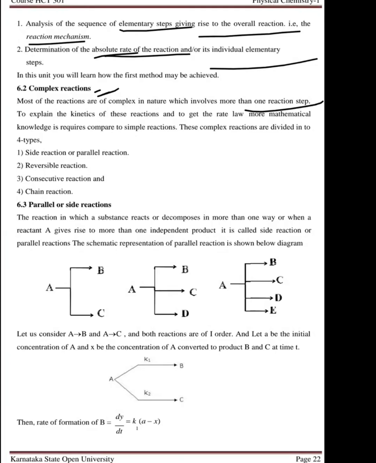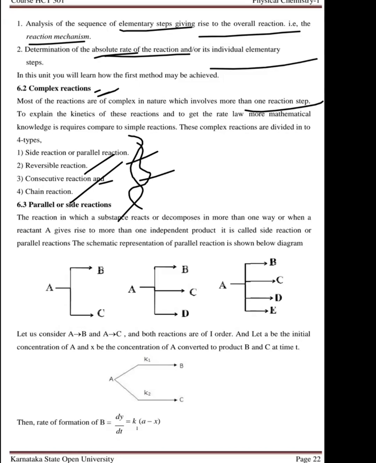Here there are four different types of reaction: side reaction or parallel reaction, reversible reaction, consecutive reaction, and chain reaction. These are the four different types of reaction which take place. And here we are going to study parallel reaction, reversible reaction, and consecutive reaction.